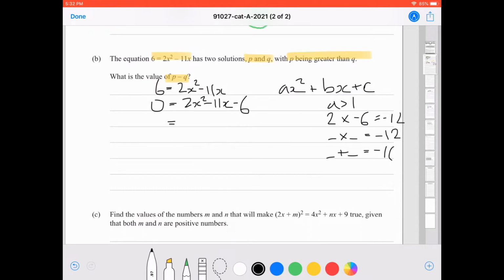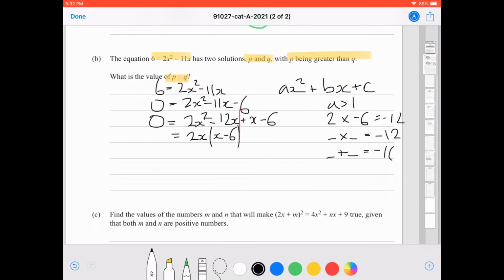So we're going to say 2x squared, and at this point we're going to take our b term, negative 11x, and split it up into two parts, minus 12x and positive 1x, so just positive x. And minus 6 stays the same, this all equals 0. Now we split the quadratic in half, factorize the left hand side, you've got 2x, and x minus 6 goes inside the brackets.